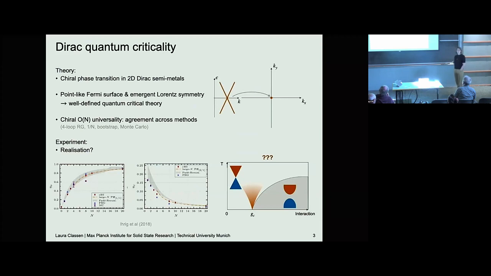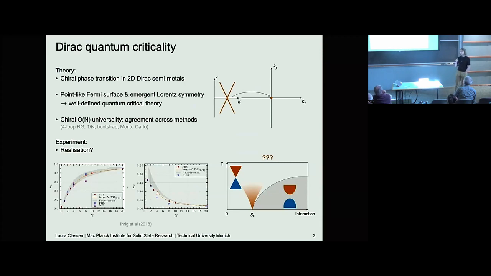Furthermore, it's been shown that there is emergent Lorentz symmetry close to this transition, and this makes it theoretically nicer to describe. And in fact, there is a well-defined theory for this quantum phase transition. You can describe it within the so-called Gross-Neveu model, and it leads to the chiral O(N) universality classes.